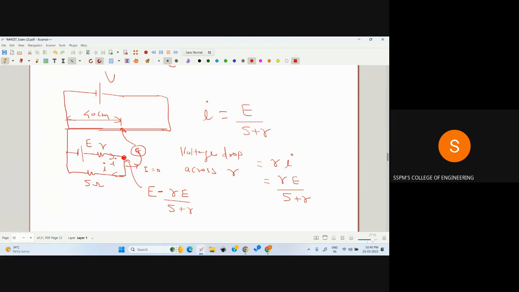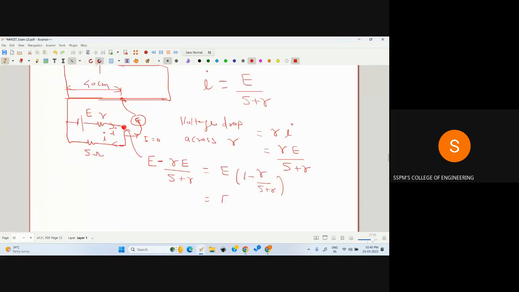Again, you simplify it, it becomes E into 5 plus r minus r, which is 5 at numerator, divided by 5 plus r. The voltage at this point is 5E divided by 5 plus r. And that voltage appears across the 40 centimeter wire.